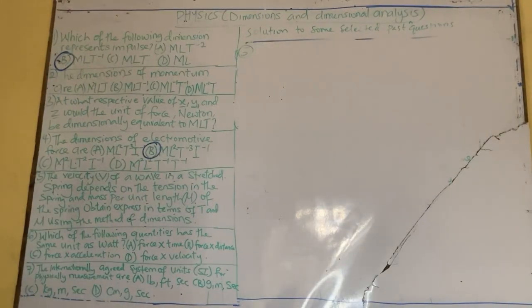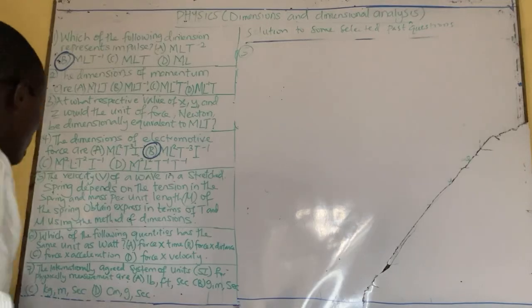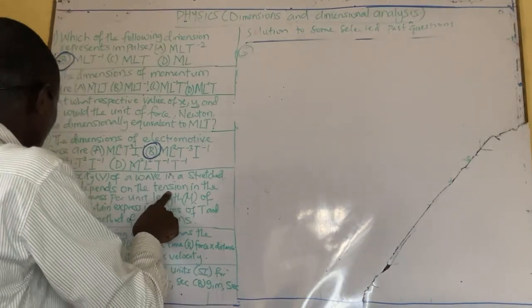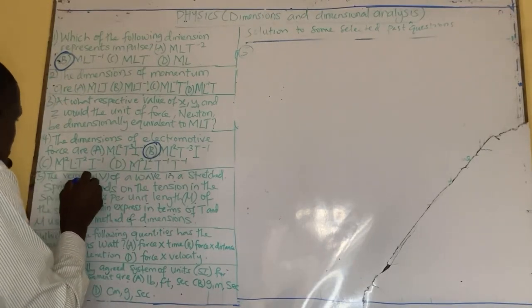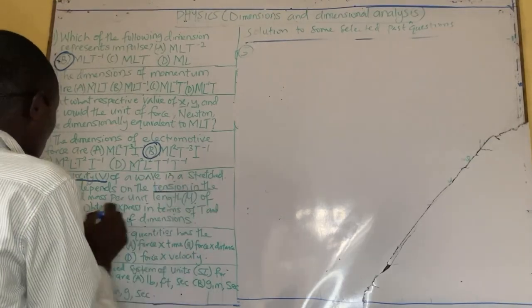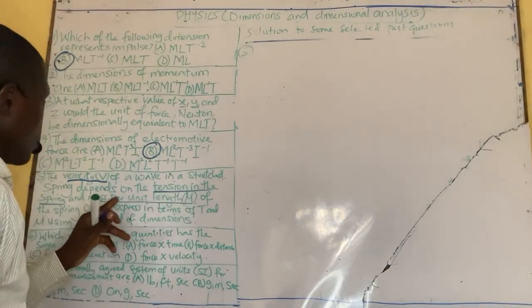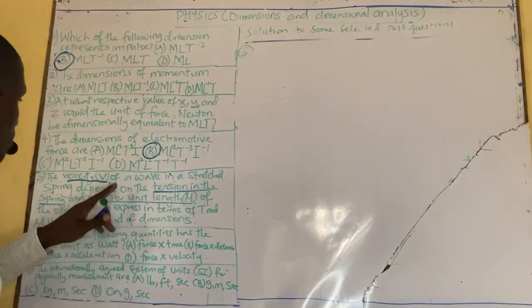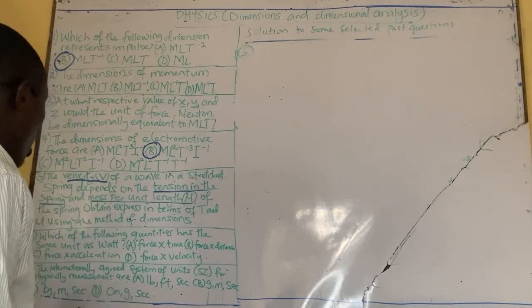The question goes thus: the velocity v of a wave in a stretched string depends on the tension T in the string and the mass per unit length mu of the string.